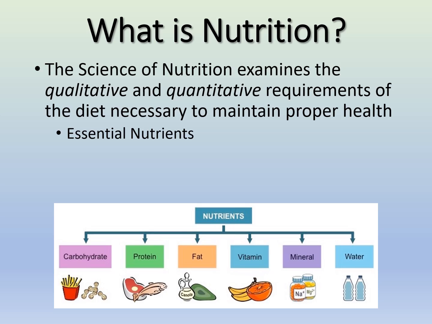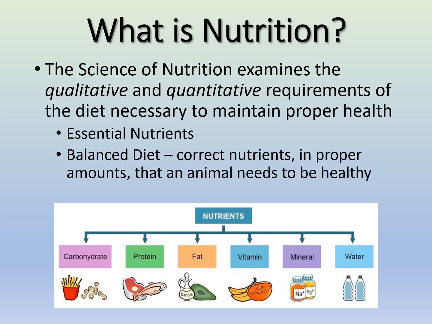So we'll talk a little bit about essential nutrients, right? So this is kind of that qualitative requirement. What are these essential nutrients that we all need? And then a balanced diet, right? So we need to have those correct nutrients, but they have to be in the correct amounts as well, right?